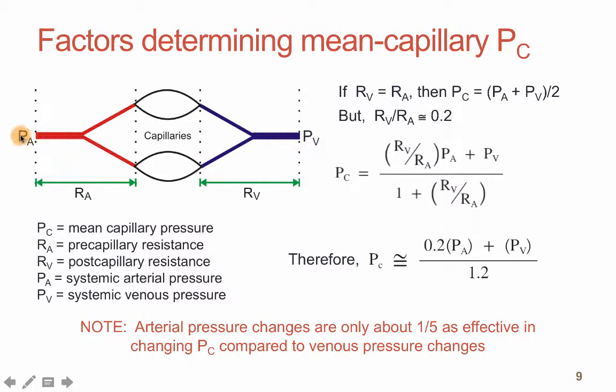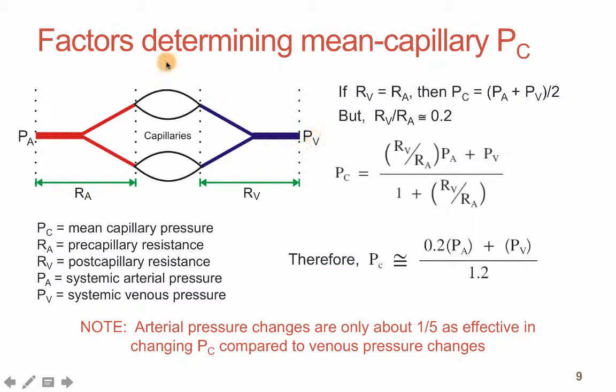If the arterial pressure were 100 millimeters of mercury and the venous pressure 0 millimeters of mercury, and if the precapillary resistance R sub A happened to be the same as the postcapillary resistance, then the mean capillary pressure would be exactly halfway between the arterial pressure and the venous pressure.